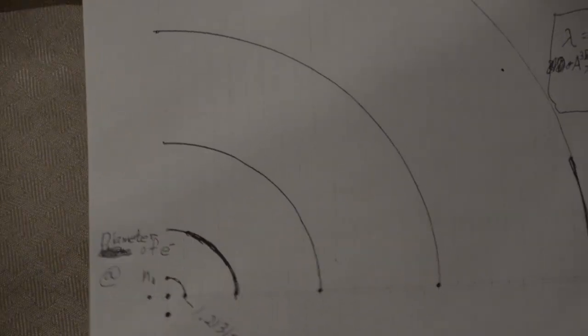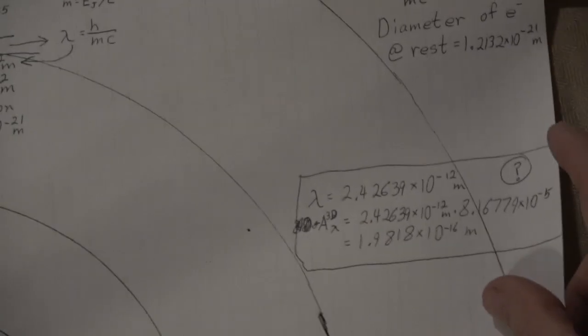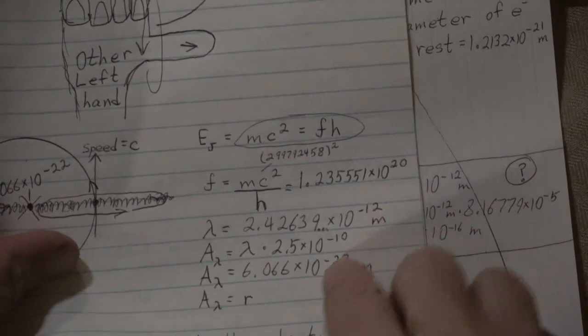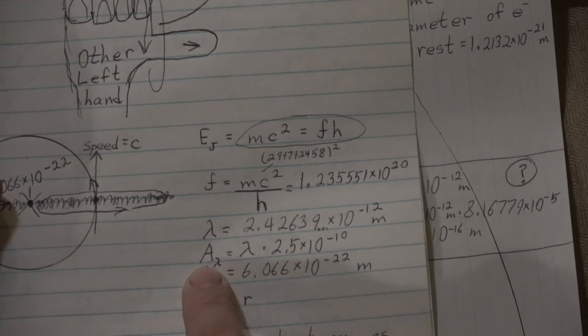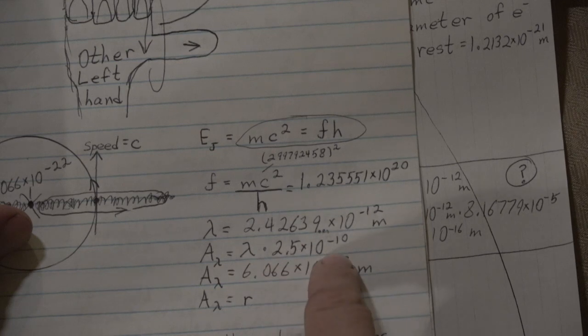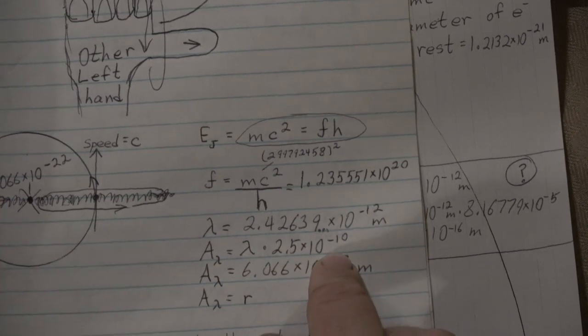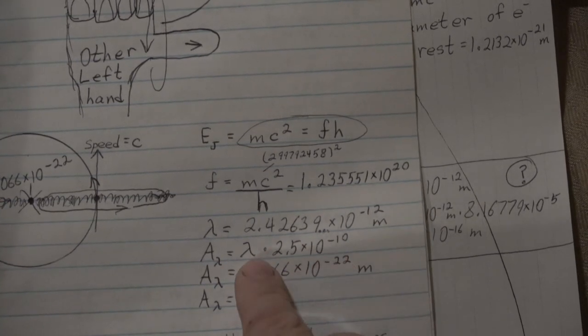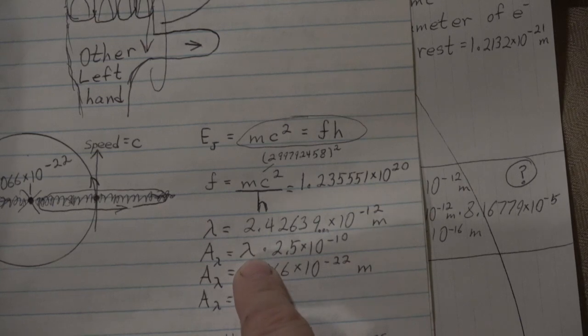So the other thing you should notice with the way I did it is I had the amplitude of the wavelength equal to the wavelength times a constant. So that means that as your velocity increases, your wavelength will increase. Or is that right?